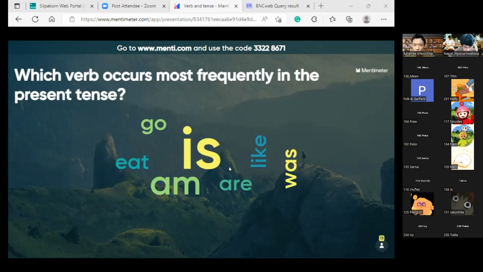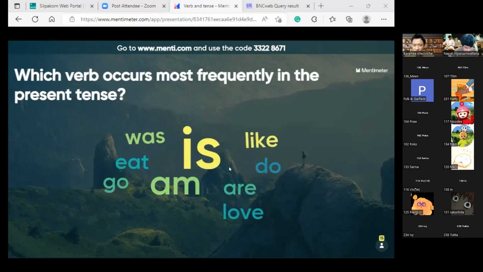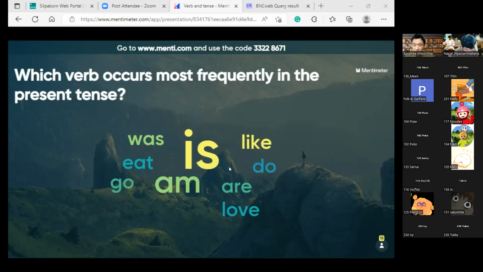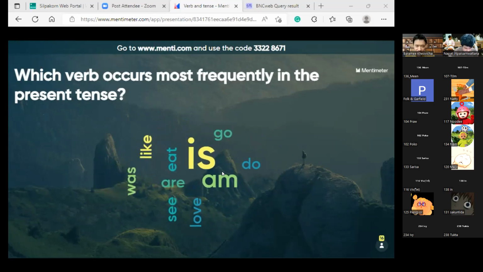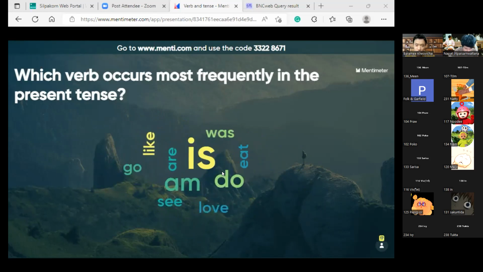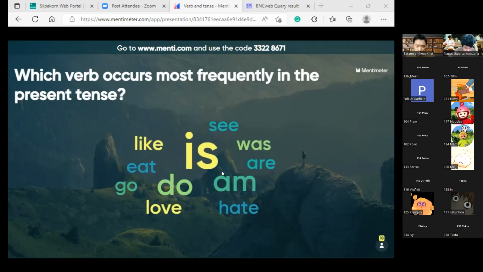You have the word "like" as well. You have the word "love" as well. Interesting. We have the word "do", the word "hate". The words seem to be related to feeling, right? A lot of words are related to feeling.